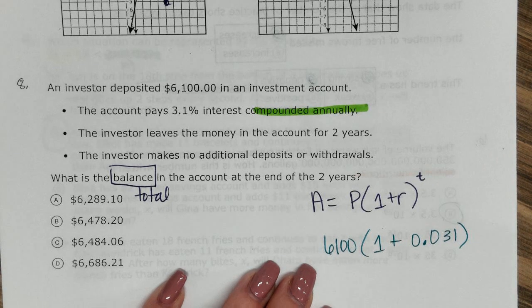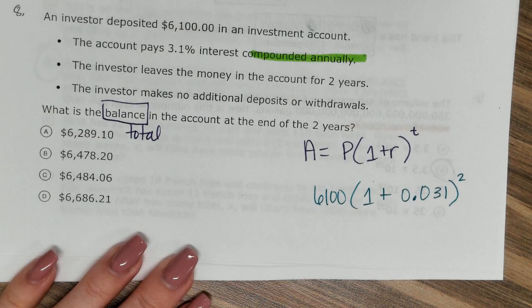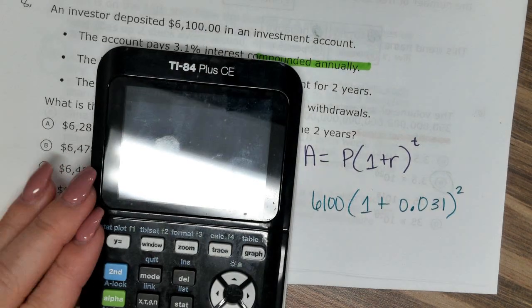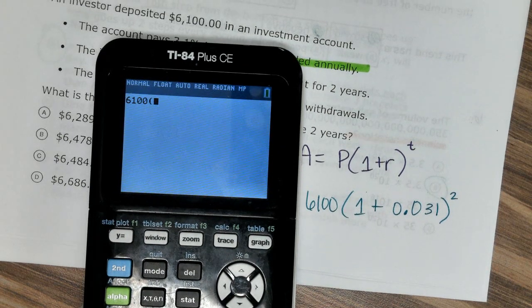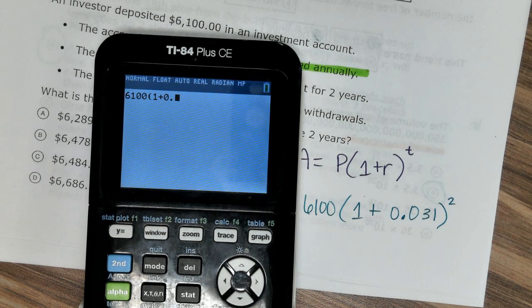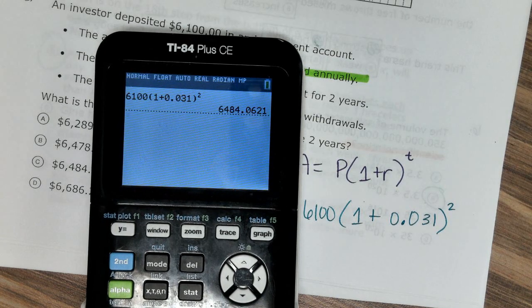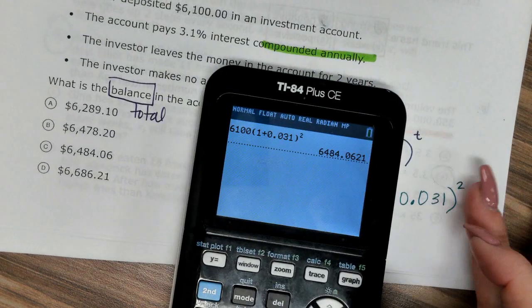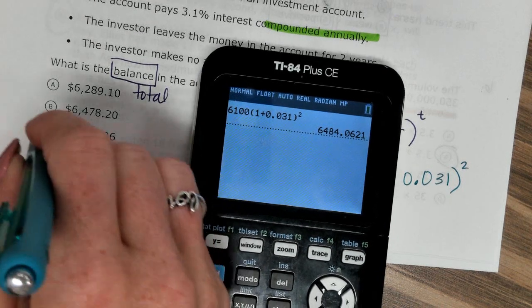And how many years? So that's your exponent. So all I have to do is put this in my calculator. And which answer matches that in money? C.